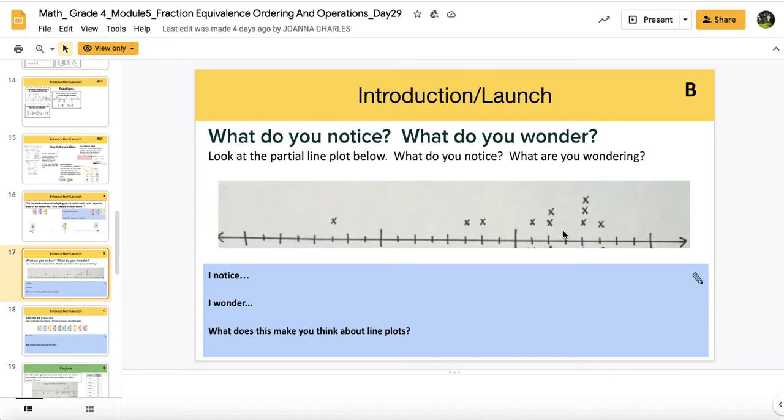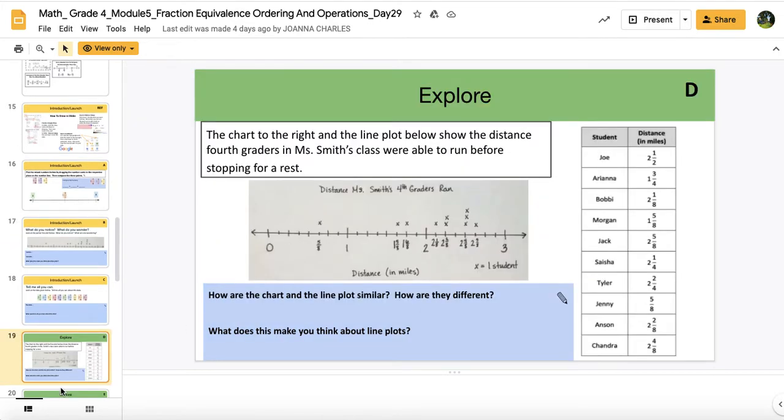For the final question, what does this make you think about line plots? Students might say that line plots might be like number lines, and that line plots might be broken into parts like number lines are. So with that, let's go ahead and take a look at slide 19 or slide D.